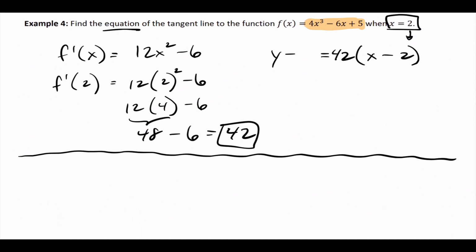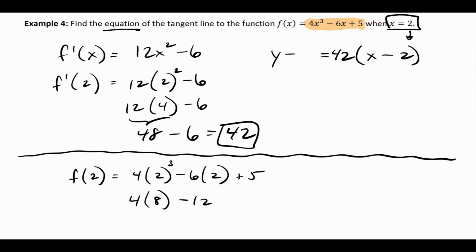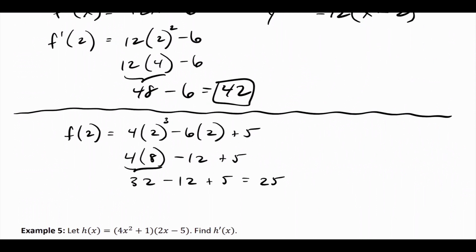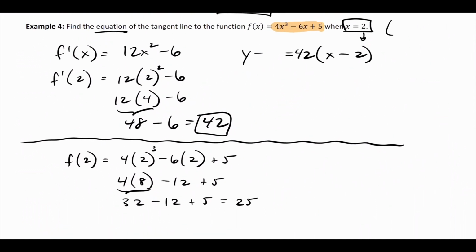F of x. So plug in 2 to the original, and you get y. So 4 times 8 minus 12 plus 5. 32 minus 12 plus 5. 25. And you're done.